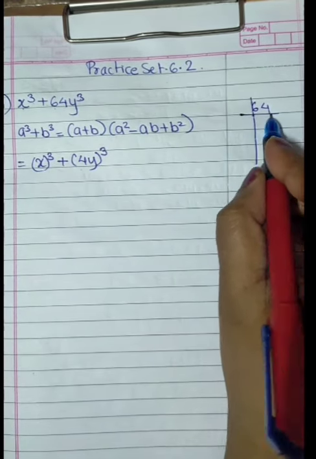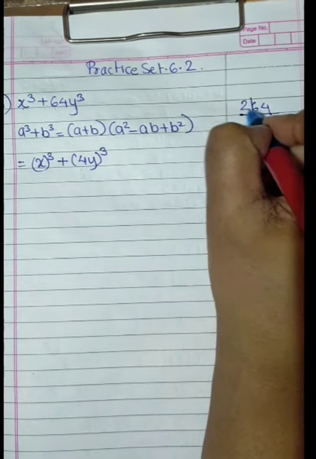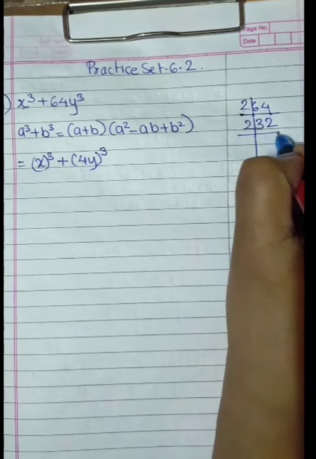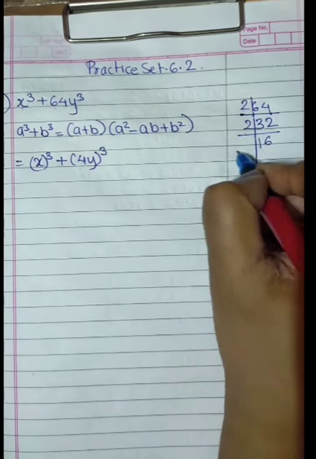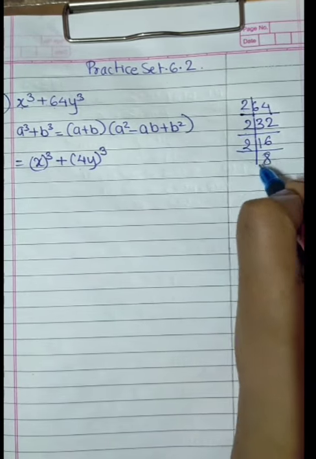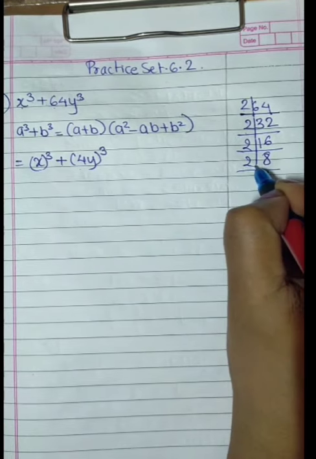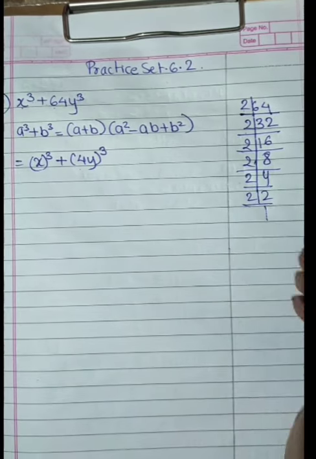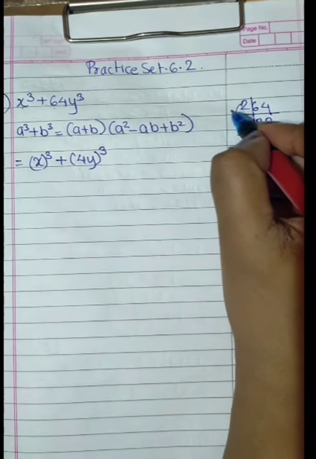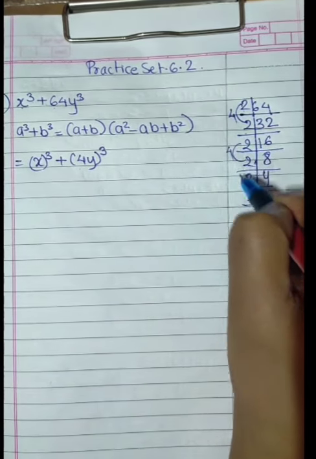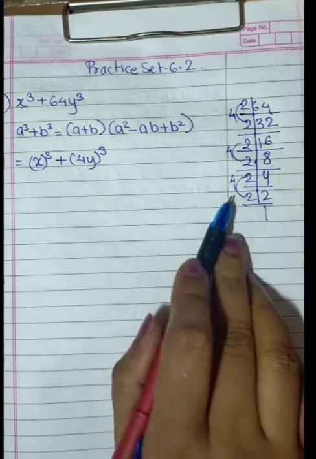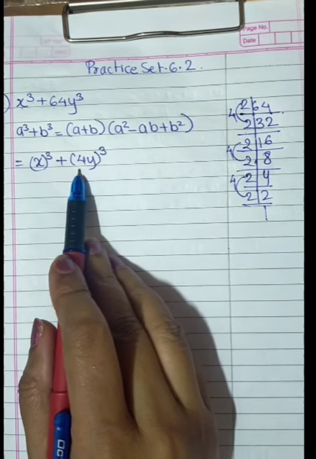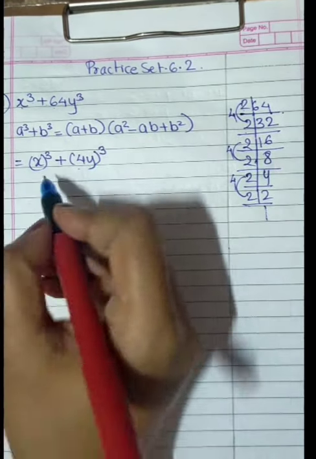Taking 2: 2 3s are 6, 2 2s are 4, 2 1s are 2, 2 6s are, again 2 8s are 2 4s are, then 2 2s are 2 1s are. Now here 2 2s are 4, 2 2s are 4, 2 2s are 4. So 4 cube is what? 64. So I have taken 4y cube.